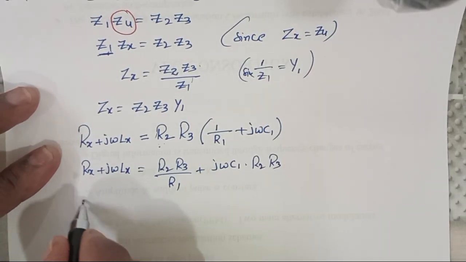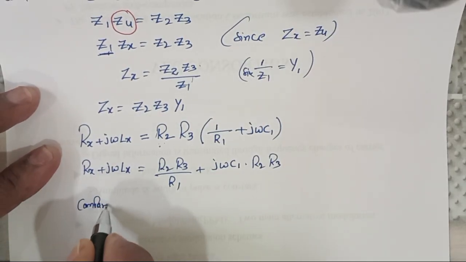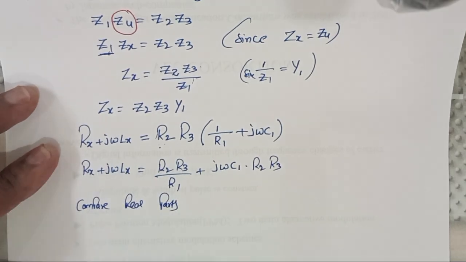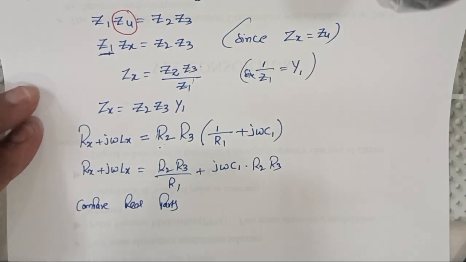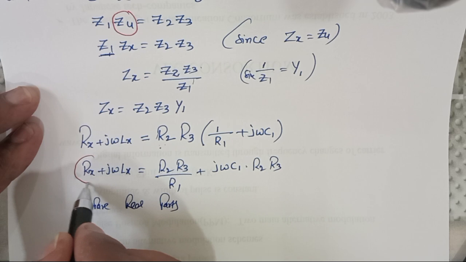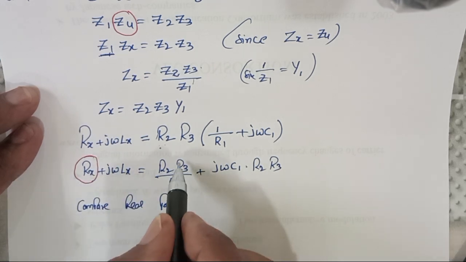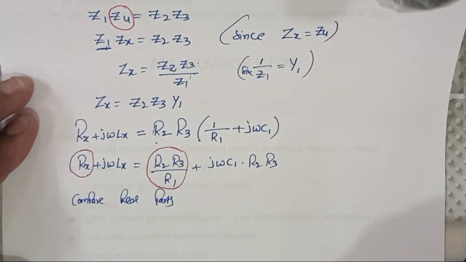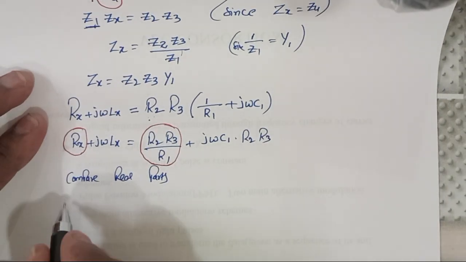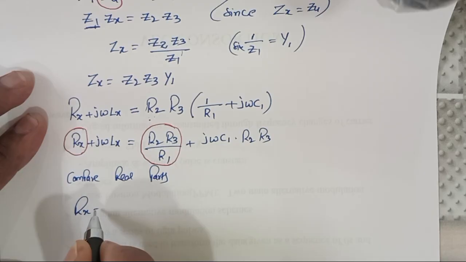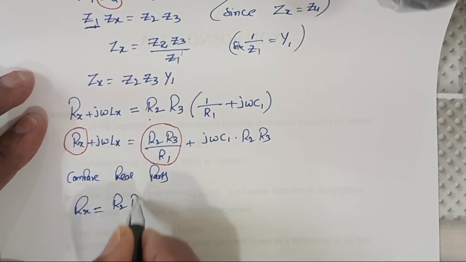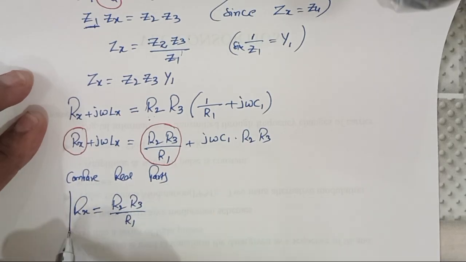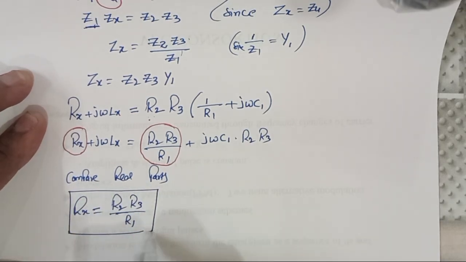Now compare real parts and imaginary parts. Equating the real parts, Rx equals R2 R3 by R1.